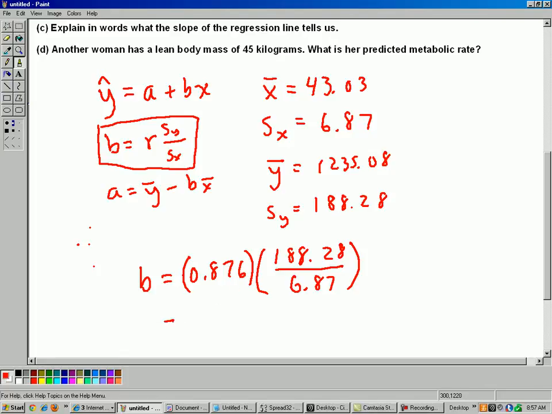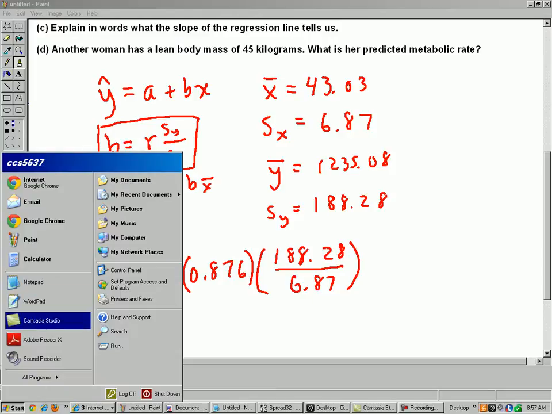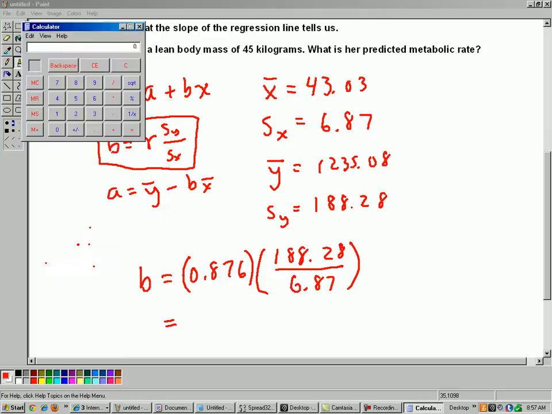So do this calculation. Just get out a calculator, or if you're using Excel to download your data, you might as well use Excel for this. I think I'll go ahead and just use the computer's calculator here. Okay, here it is. So just type 0.876.